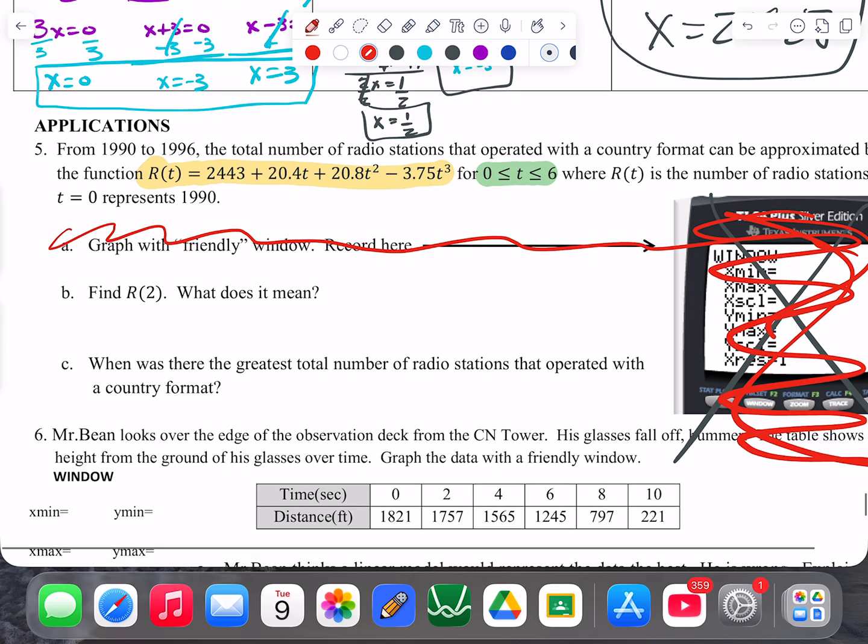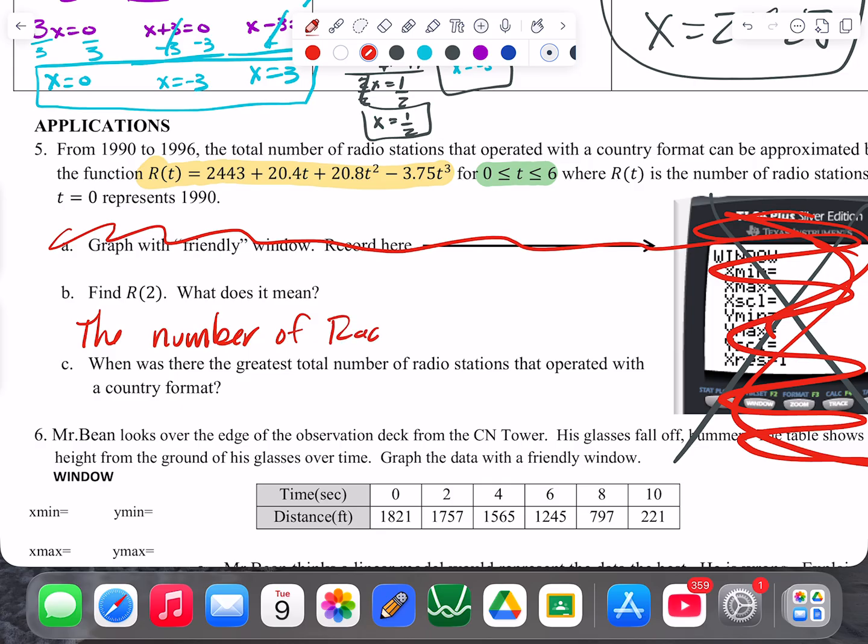So correctly, this R of 2 means the number of radio stations in 1992. That's what that means.